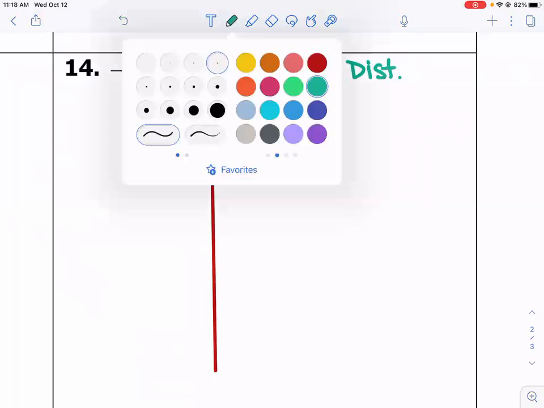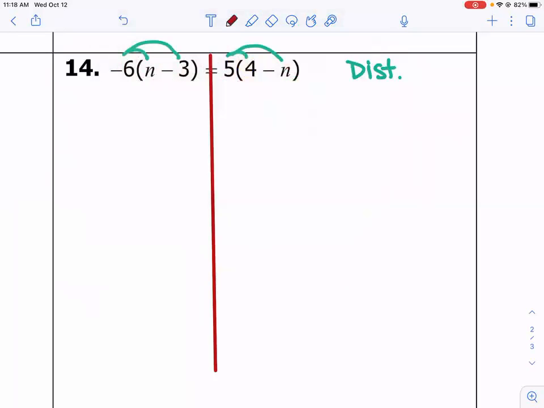Wow, yeah. All right, so what is negative 6 times n? Negative 6n. And then negative 6 times a minus 3 gives us plus 18. Because we have a negative 6 times a minus 3. Negative times a negative gives us a positive. What? You fixed it? Okay.